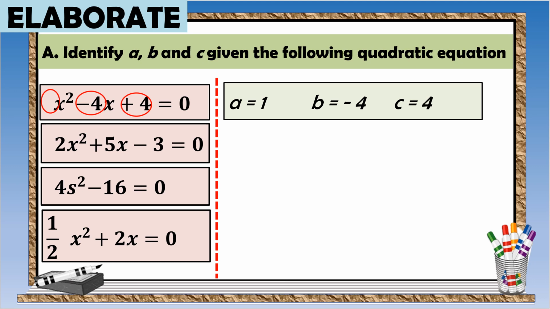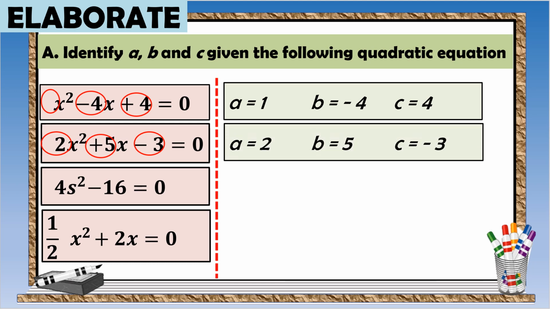Next, we have 2x squared plus 5x minus 3 equals 0. So a is 2, b is 5, c is negative 3. Then next is 4x squared minus 16 equals 0. Take note, this is still a quadratic equation, although we only have two terms, the quadratic term and the constant term.